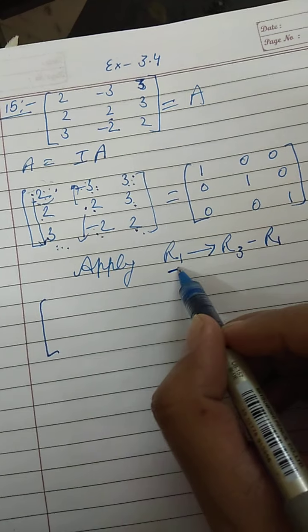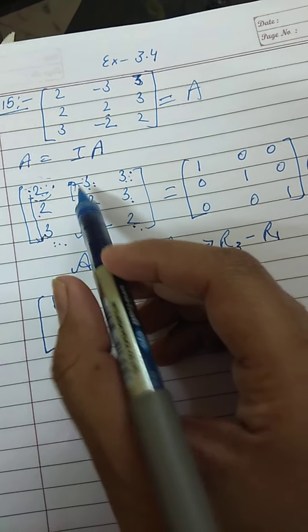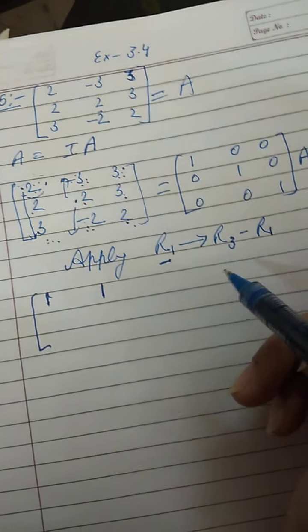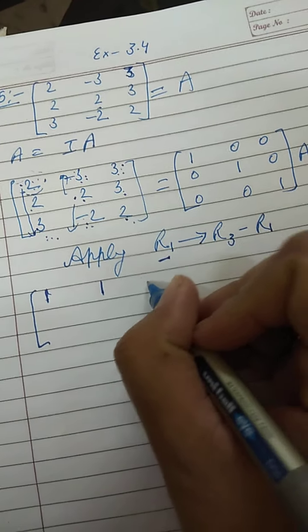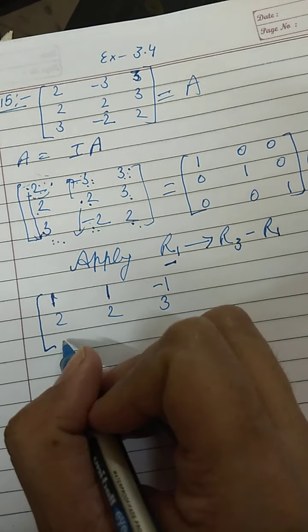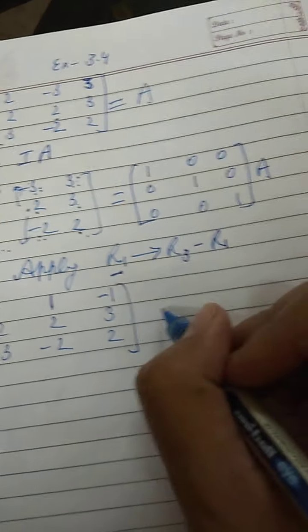But the change will come in the first row. So 3 minus 2 will give you 1, minus 2 minus of minus 3 will also give you 1 and 2 minus 3 will make it minus 1. There is no change in the second row and there is no change in the third row, right?